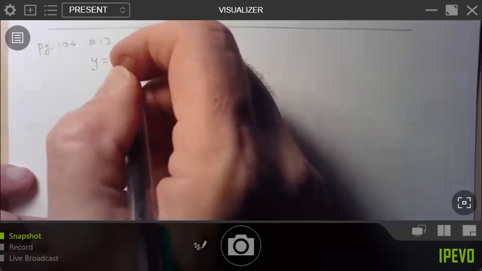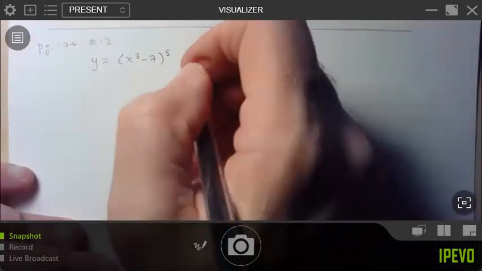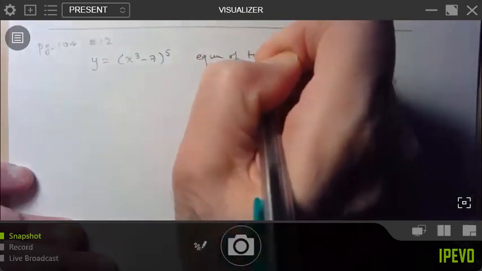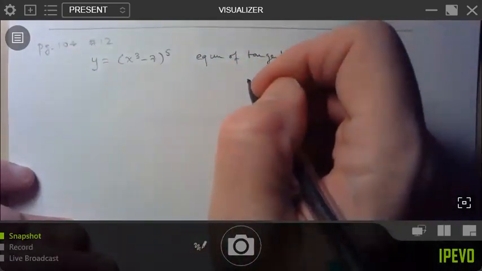Okay, so the curve we're looking at here is y equals x cubed minus 7 to the 5. And we want to find the equation of the tangent at x equals 2.